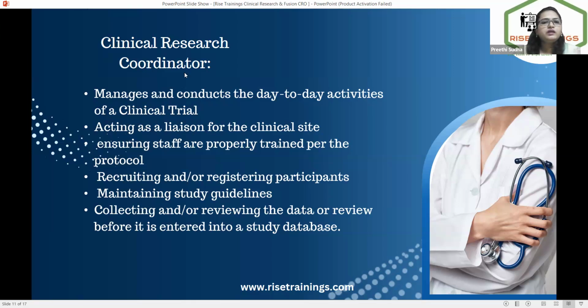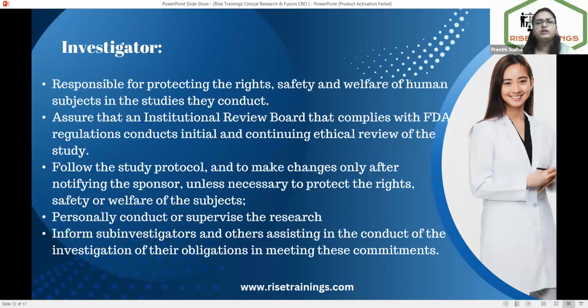The coordinator also ensures the staff are properly trained as per the protocol, is responsible for recruiting or registering participants, and maintains study guidelines. They also collect or review the data which is entered into the study database. So this is just a few of the day-to-day tasks.